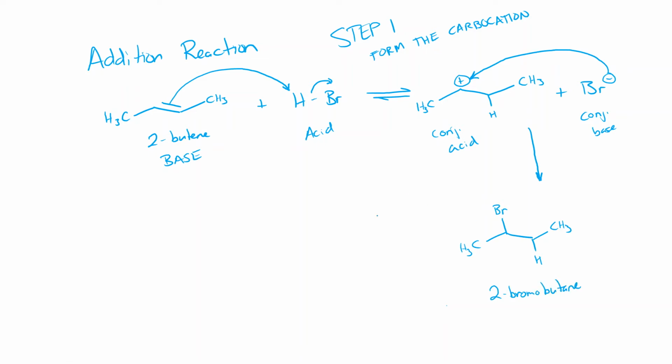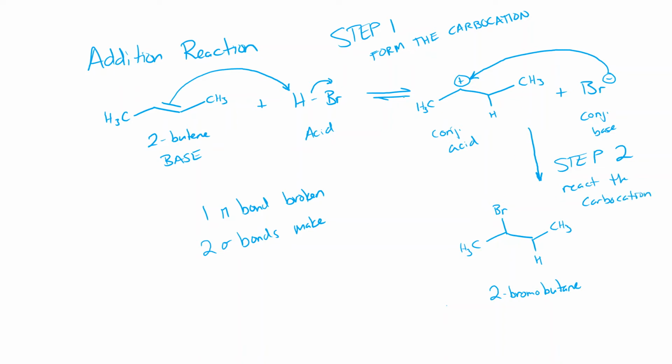And overall, of course, you'll notice that what we've done is we've broken a pi bond, one pi bond broken, two sigma bonds made, right? So we make a sigma bond here. The pi bond makes a sigma bond with the hydrogen. And then in step 2, we react the carbocation.